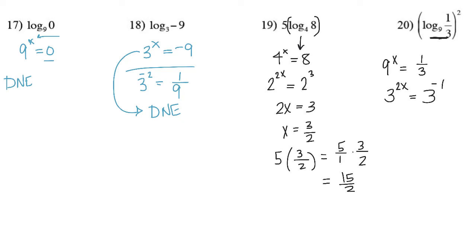And so here we're going to have 2x equals negative 1. So x is negative 1/2. But again, that's what is inside the parentheses, so we would need to square that. And so here we would have negative 1/2 all squared, which is going to give me 1/4.